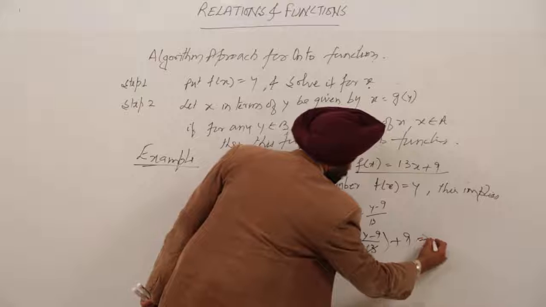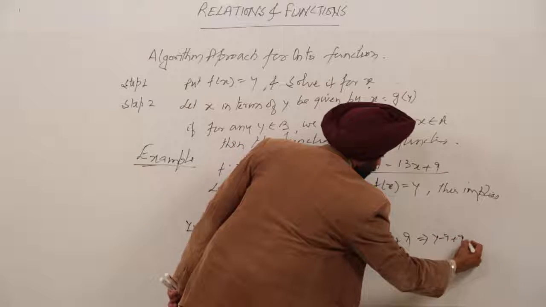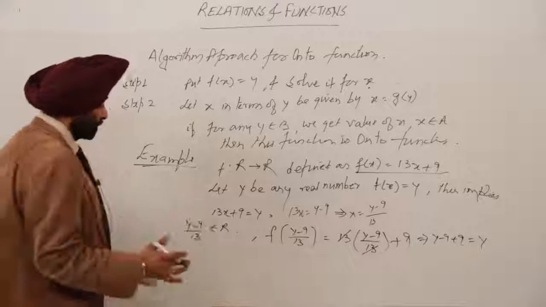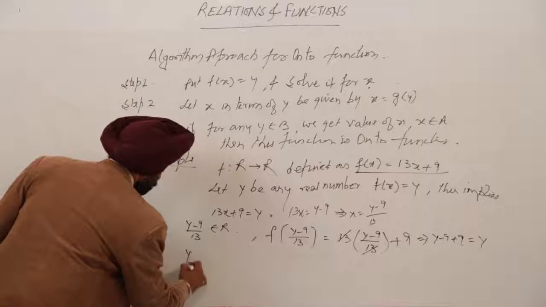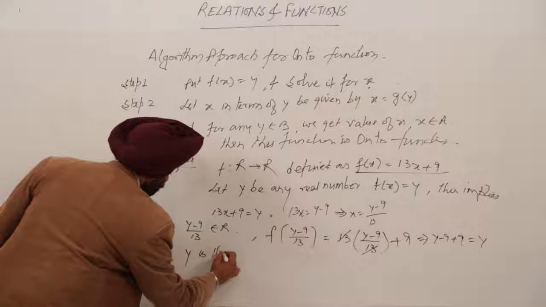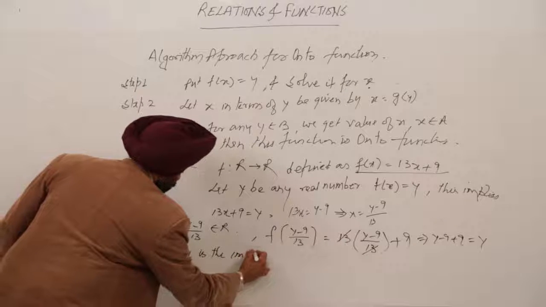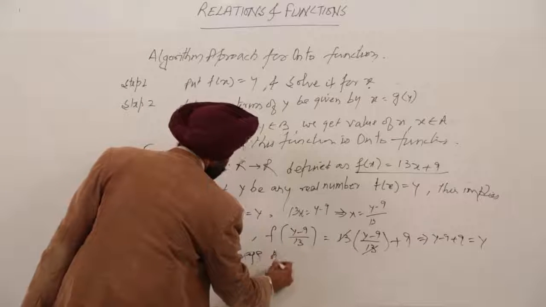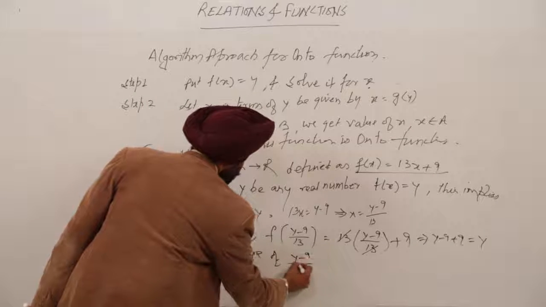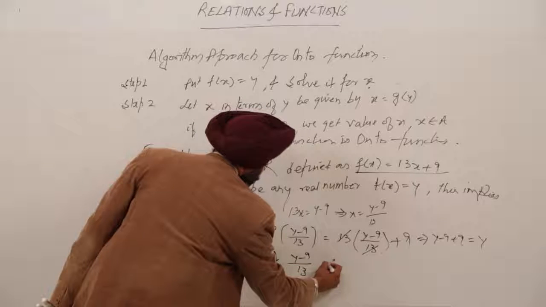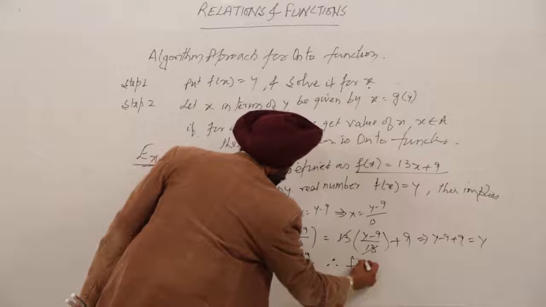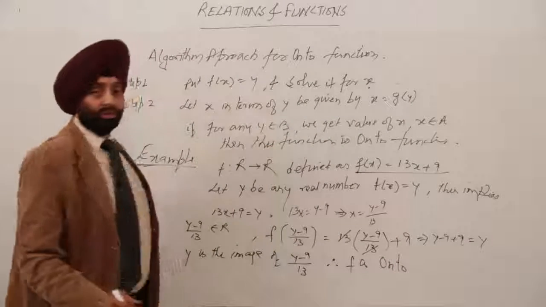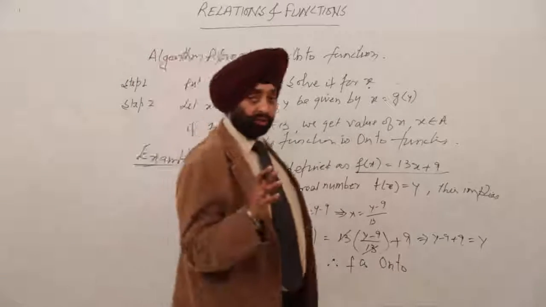We are left with y minus 9 plus 9, and then we get y. This shows that y is the image of (y minus 9) upon 13. Therefore the function is onto. So this is the algorithm step for one-one and onto functions.